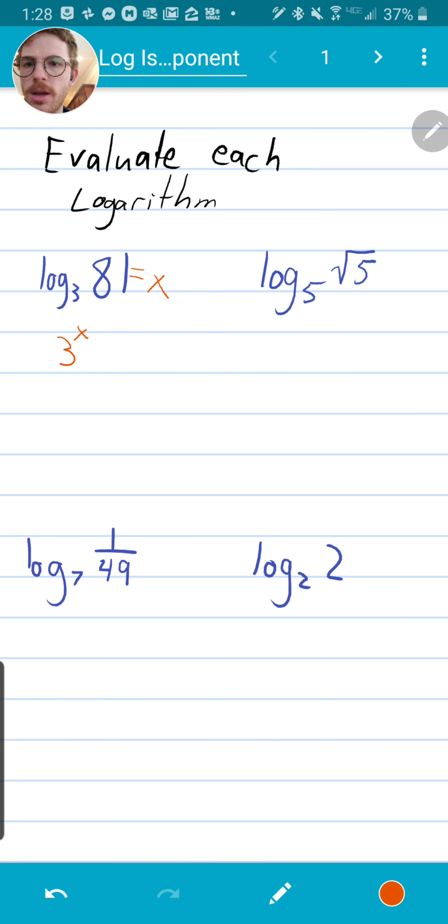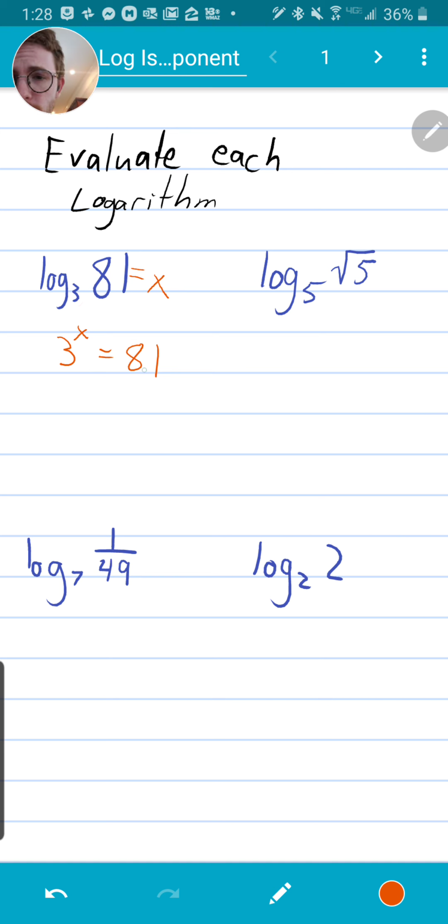So log base 3, it is the exponent x. Well, this must equal 81. Log base 3 of 81 is asking what exponent do we have to raise 3 to get 81?